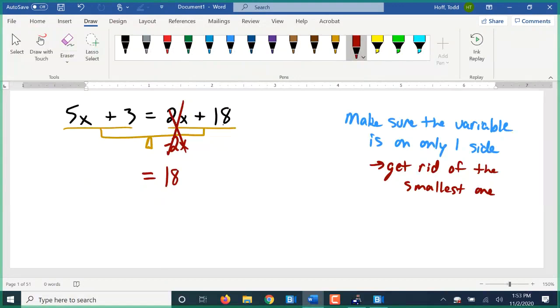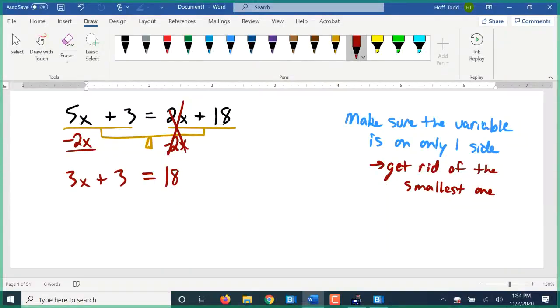Now we have subtracted 2x from one side. We have to do the same thing to the other side. On the left side, the only place we can subtract 2x from, remember when we add or subtract, we have to have the same name. So the only thing we can subtract 2x from is from the 5x. 5x minus 2x, 3x.